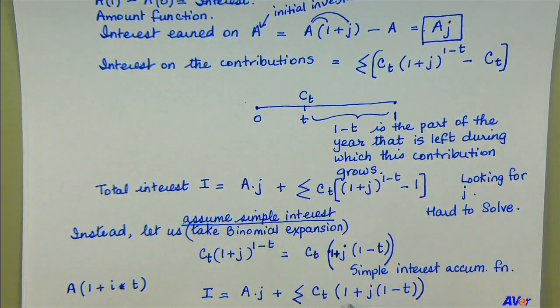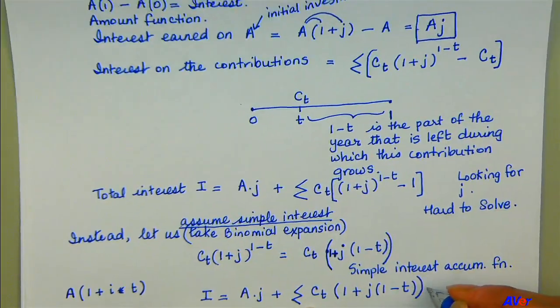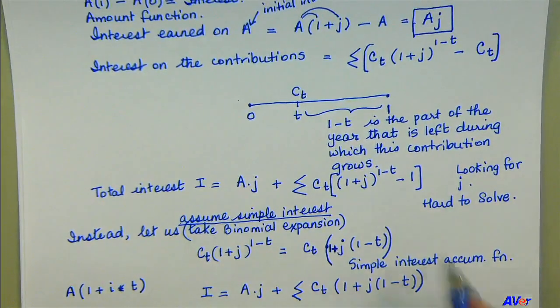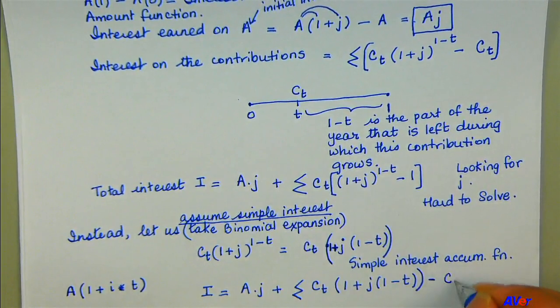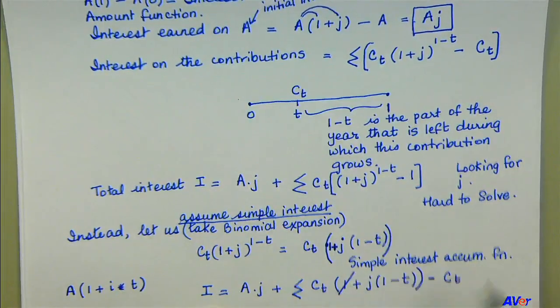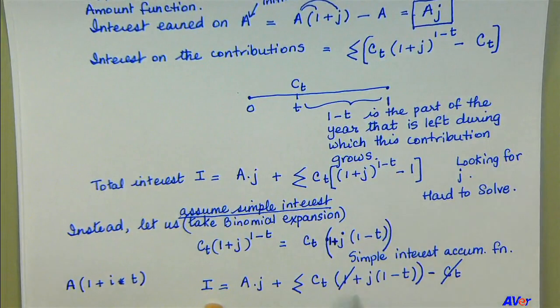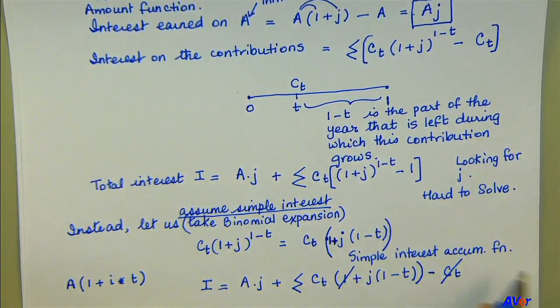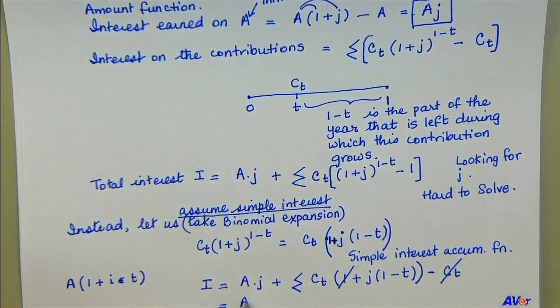CT, 1 plus J, 1 minus T. And I want only the interest part, because I'm talking about only interest here. So minus CT. So this CT right here and this CT will be gone, because I'm only interested in CT times the interest part, which is I times the period that it was invested. Does that make sense? So this is AJ plus summation.